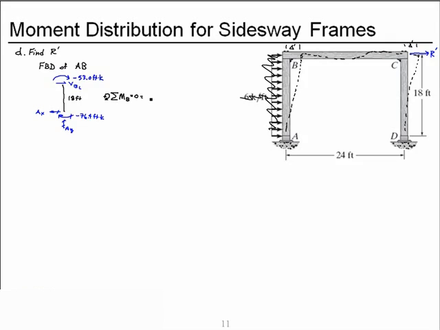We have a positive contribution but a negative magnitude from the 76.4 foot kips at A. We have a positive contribution from the reaction at A through 15 feet, and a positive contribution but a negative magnitude from the moment at B. We solve that for A, we get a positive 7.19 kips. It is to the right.